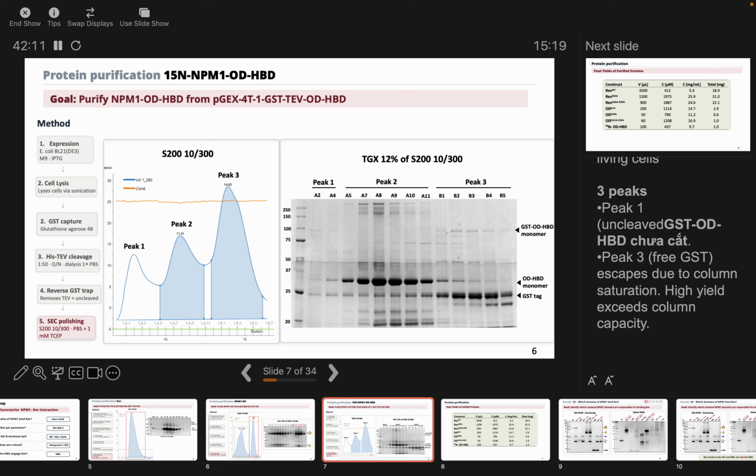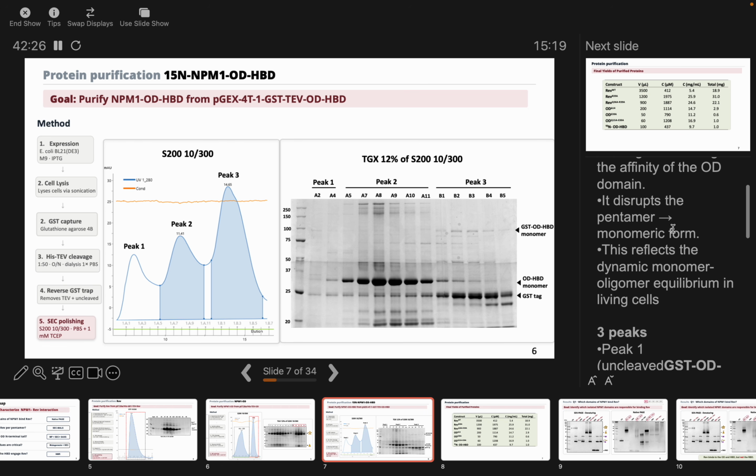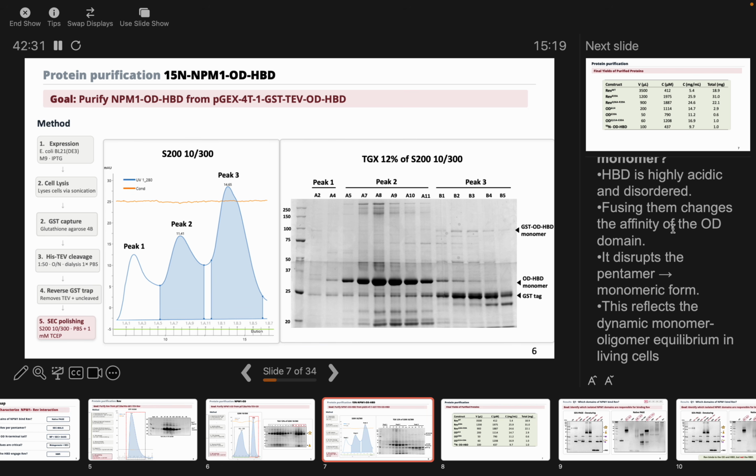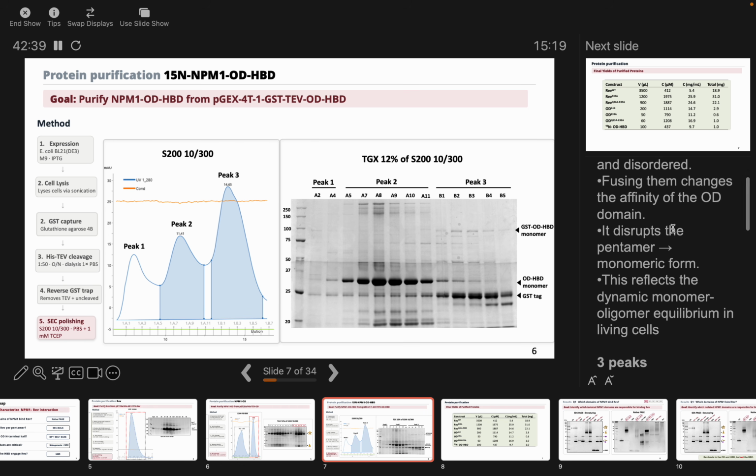So Coomassie blue likes these basic residues, so the intensity should be much higher on the gel, but it does not show that. When you have HBD alone with the native, do you see the intensity of the band of HBD quite high? No. Yeah, right. Okay.